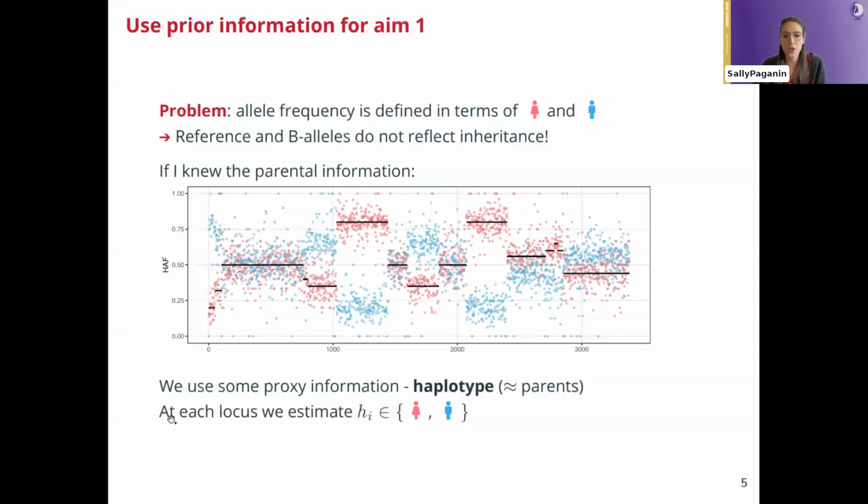So for each locus, for each genomic position, we have an estimate of this mom or dad inheritance. Of course, this is going to be affected by some uncertainty. We're going to use this as prior information in our modeling framework, and this will make up aim number one. In a sense, this will help us to correctly estimate the allele frequency.